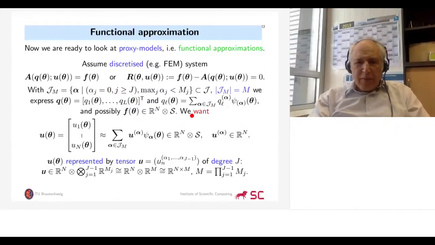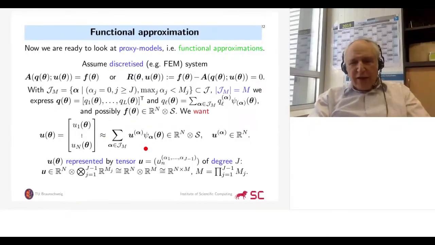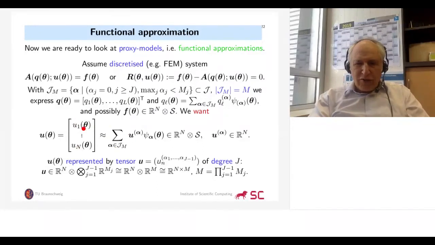Okay, so now we express our input in such a polynomial expansion, and possibly the right-hand side, and then we want to compute U as a proxy model in this expansion. Then we can use U to compute Y and our quantities of interest. And you see, U is the vector of nodal values. If this was a finite element model, each nodal value is a random variable, and each nodal value gets expanded, and I've written this here in vector form.